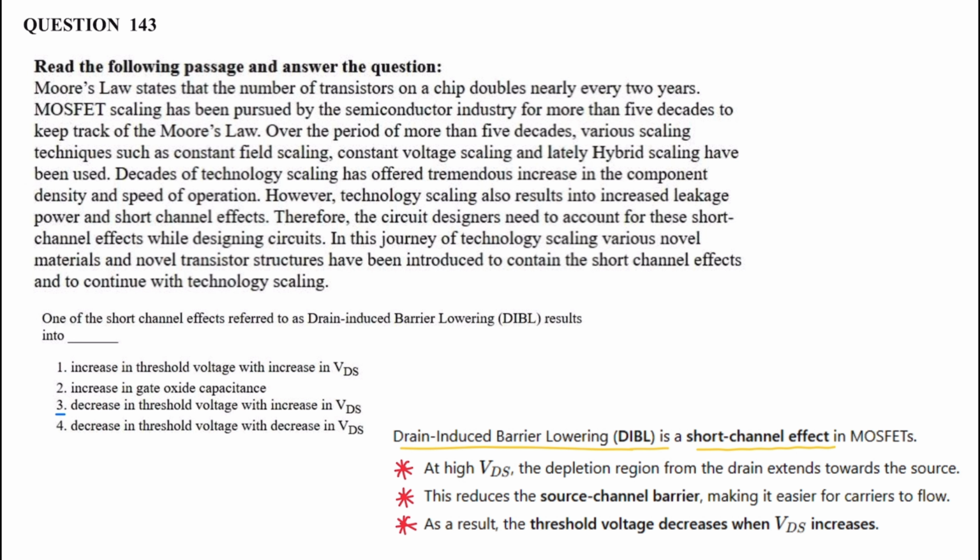This reduces the source channel barrier, making it easier for carriers to flow. As a result, threshold voltage decreases when VDS increases. Because of this short channel effect, a decrease in threshold voltage with increase in VDS takes place. Correct answer is option 3.